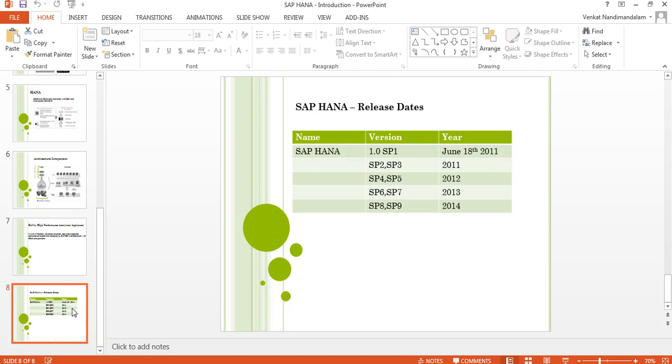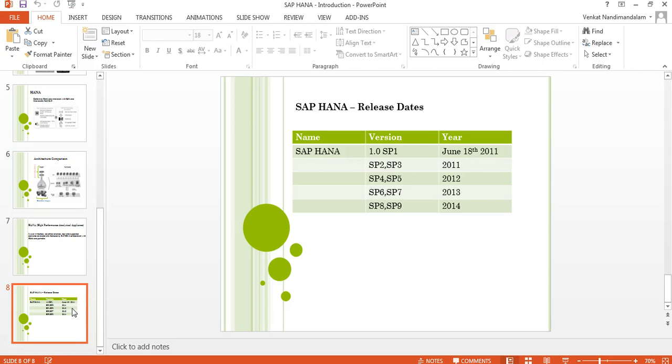Let's summarize what we have discussed in this session. I explained the challenges we have with the existing landscapes at customer locations, what the major challenges customers are facing, and the consequences of those challenges.